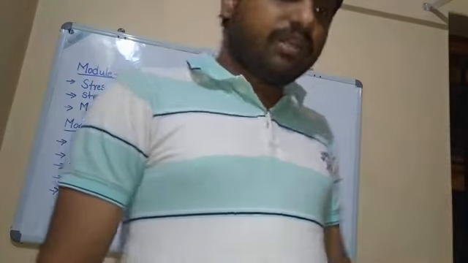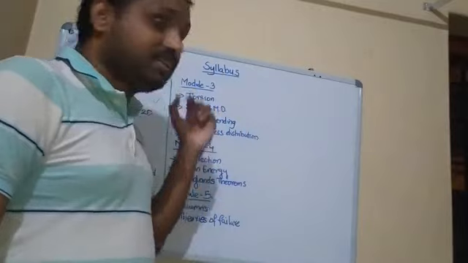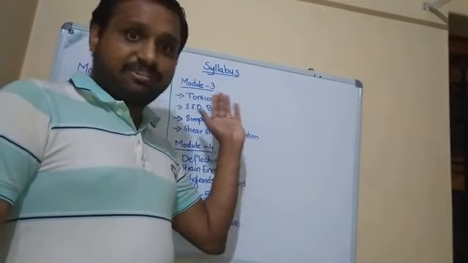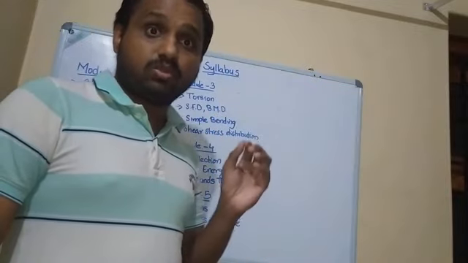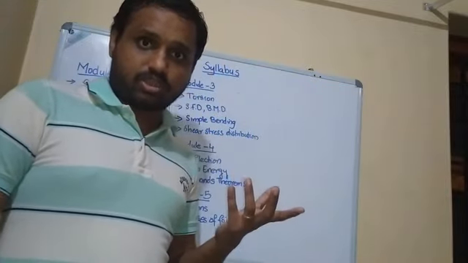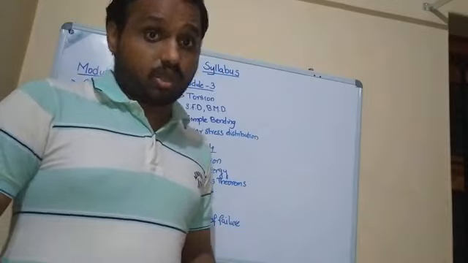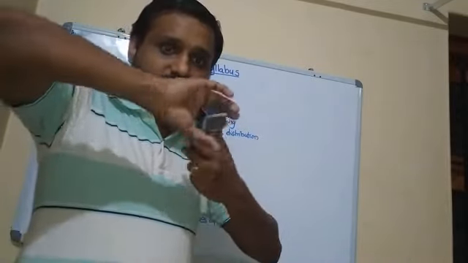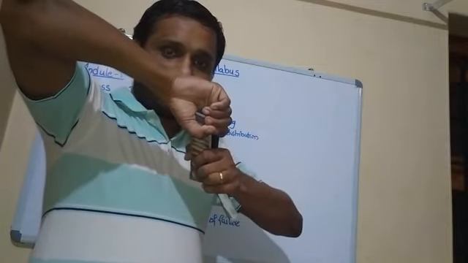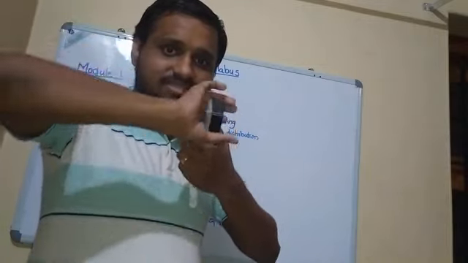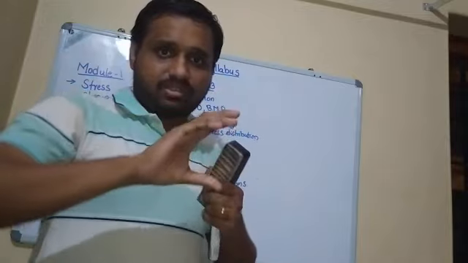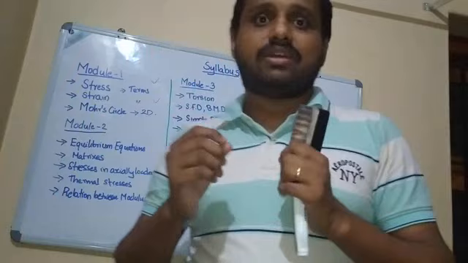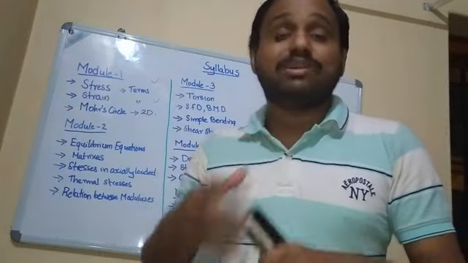Okay, now if you consider the third module, the first part is entirely different. It's about torsion. What do you mean by torsion? Torsion, torque, twist, all these things. If you twist an object, what happens to it? There will be a torque experienced. Okay, it's a twisting force.